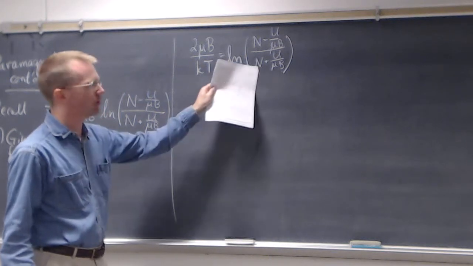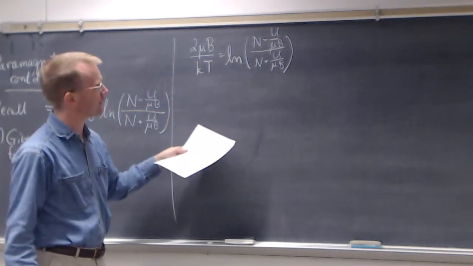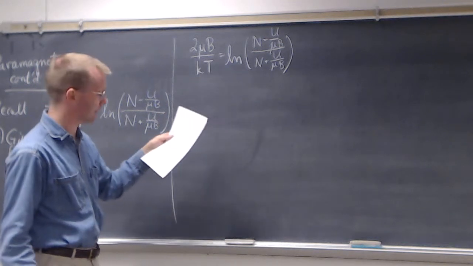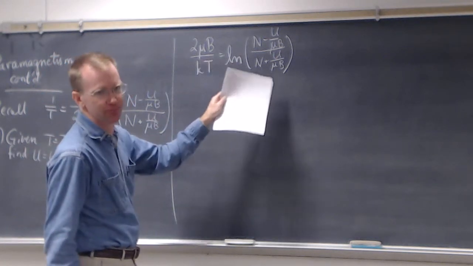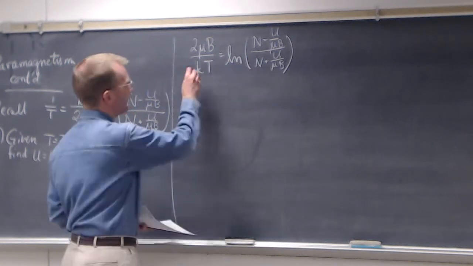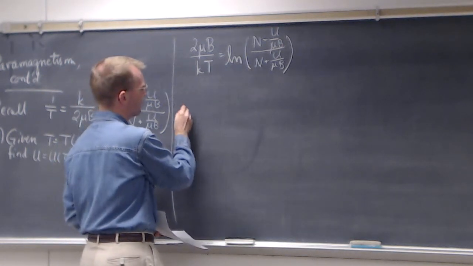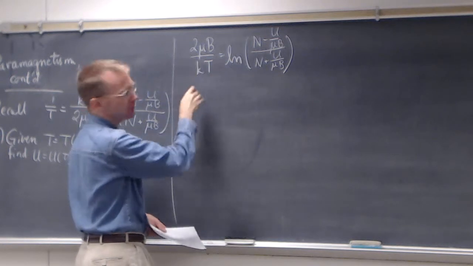Now we have the natural log by itself, so when we exponentiate, the right-hand side is very clean. The exponential of the natural log of something is the something. So the left-hand side becomes e to the 2 mu b over kT.